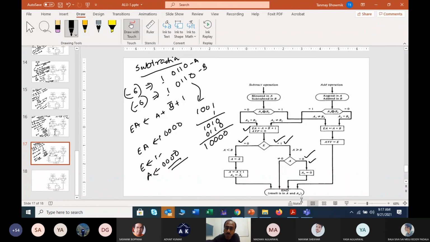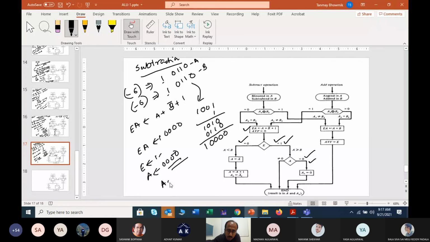Now what you need to do: normally we fetch the result from AS and A for sign bit and value or magnitude respectively. But now you are observing your A is all 0 and your E is 1, right? So the last step is that you have to put a 0 into your AS because 0 cannot be negative. So this 0 will be provided to AS.